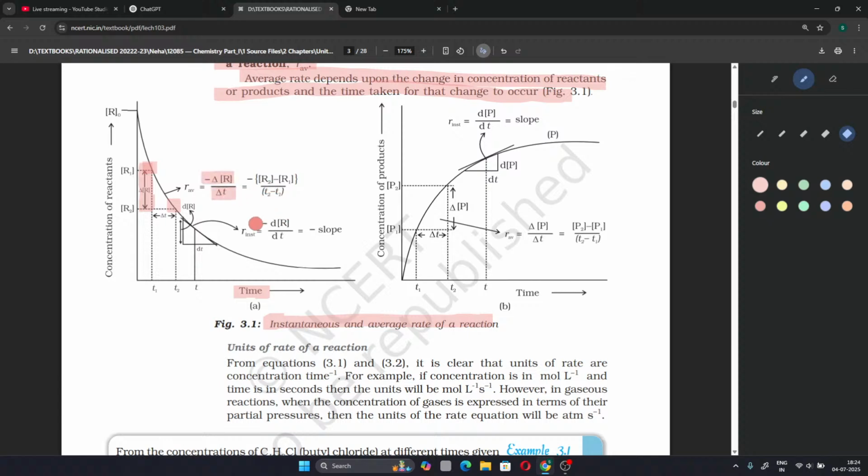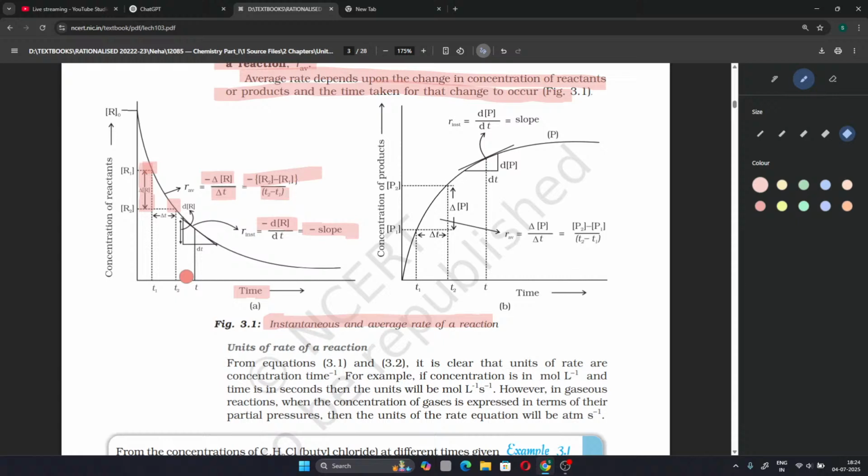The average rate is minus delta R by delta T, which is equal to minus of R2 minus R1 over T2 minus T1. In case of instantaneous, it is minus dR by dt, because d is taken for a small quantity, and here the slope is negative. It seems confusing, but it is the same thing.